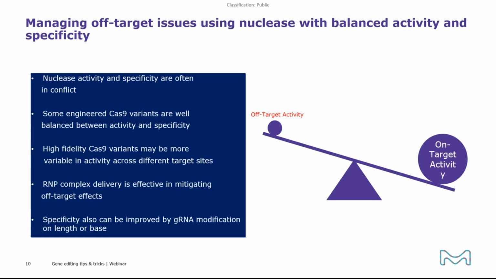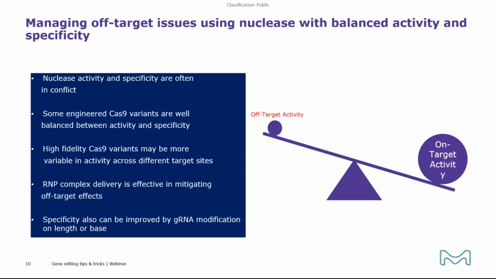On the other hand, RNP complex delivery can also effectively reduce off-target effects. And you can also use truncated guide RNA spacer length or chemical modifications on the spacer sequence to reduce off-target effects.